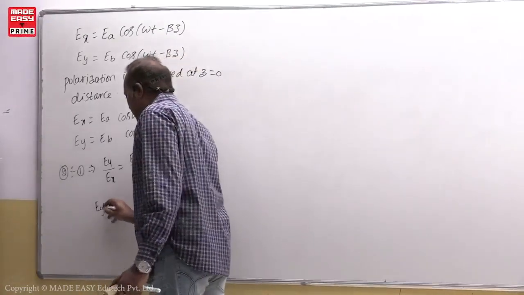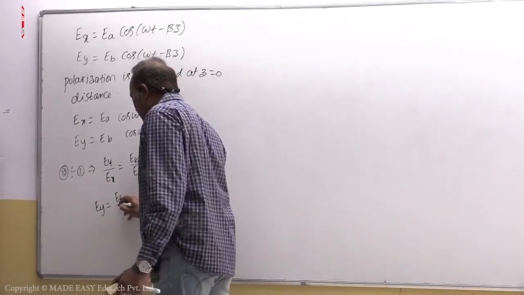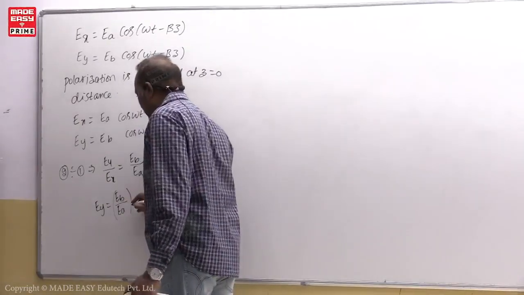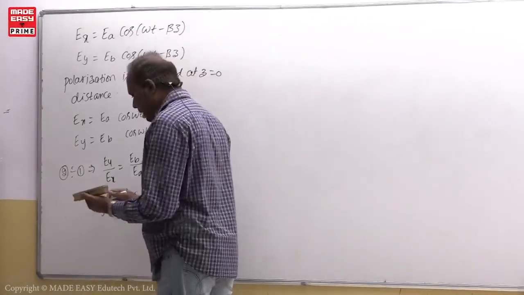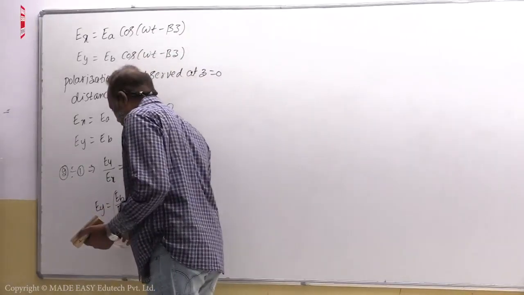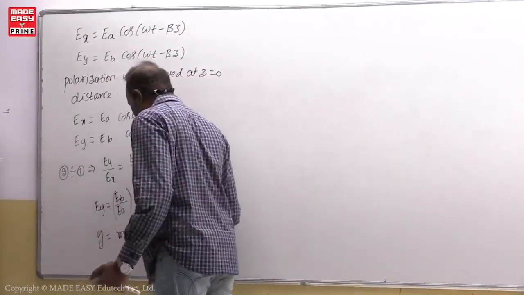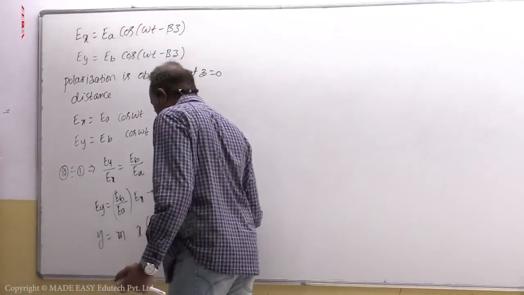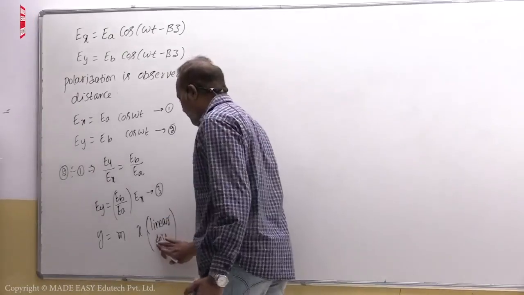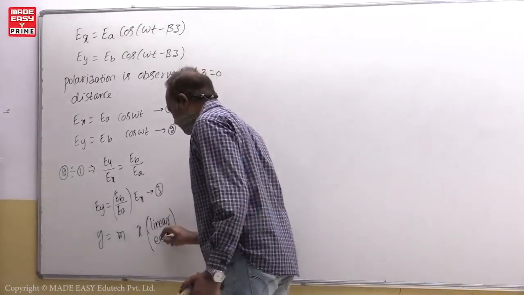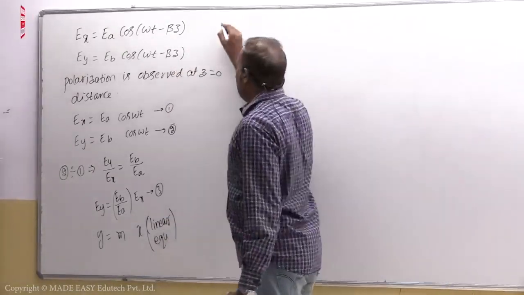So ultimately this is Eb divided by Ea times Ex, and this is equation 3. It is like y is equal to m into x. So it is a linear equation, dear students.